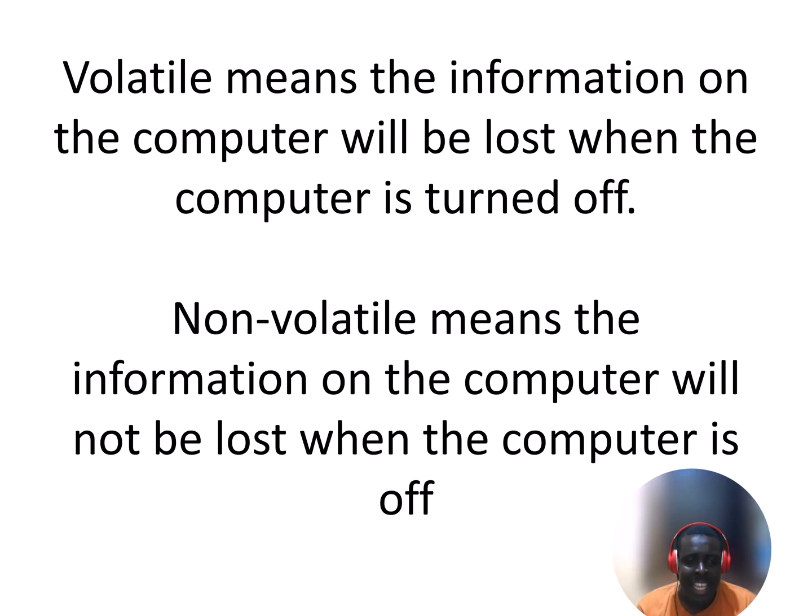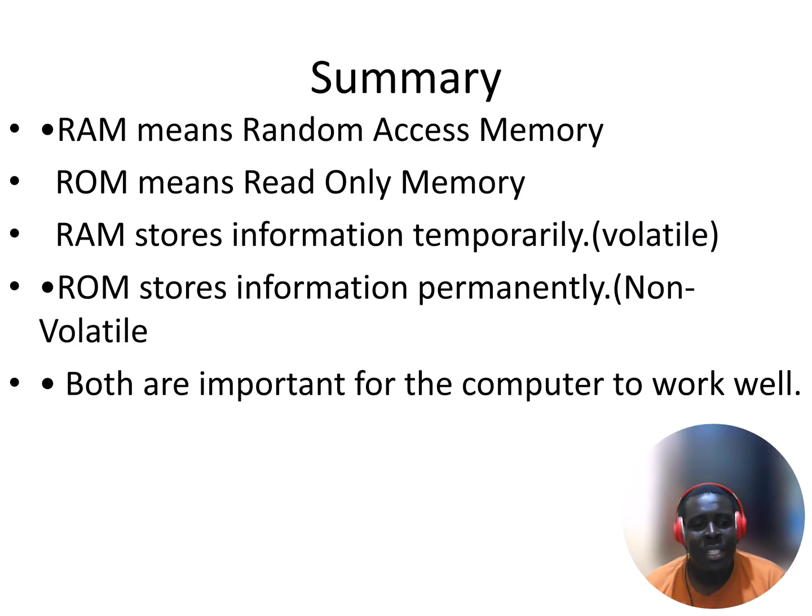So volatile information will be lost, non-volatile information will not be lost. Very good. So let's look at a quick summary of our lesson for today. RAM means random access memory, and ROM means read only memory, right?